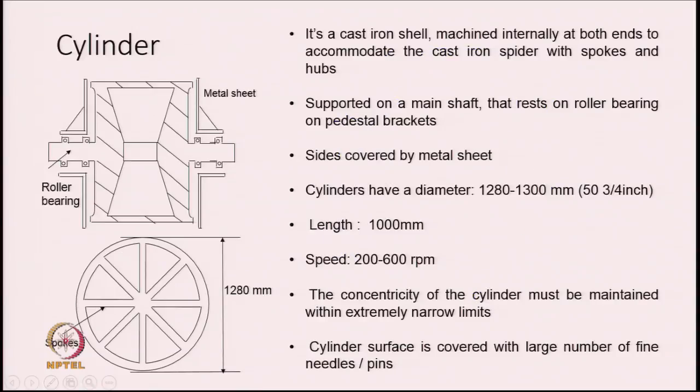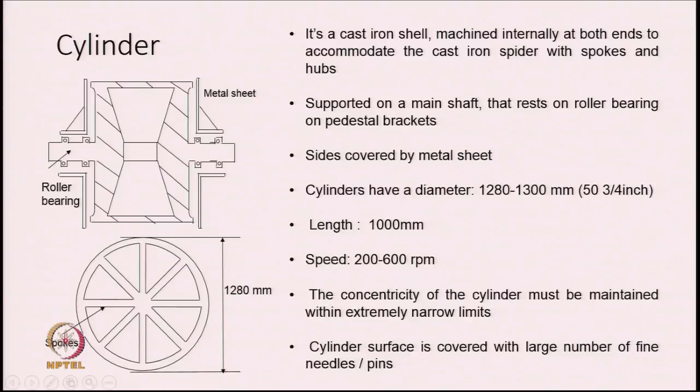We go to the next slide. A cylinder is basically a cast iron shell machined internally at both ends to accommodate the cast iron spider with spokes and hubs. You see the picture and see that the cylinder is supported on a main shaft.